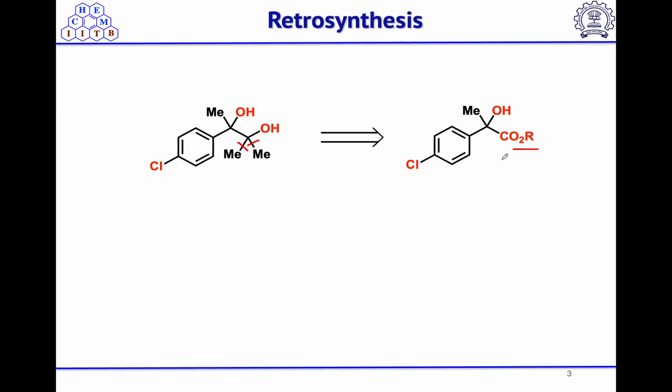Now, from where can we get this alpha-hydroxy ester? We can get it from this ketone, and how we get it we will see in the forward synthesis.